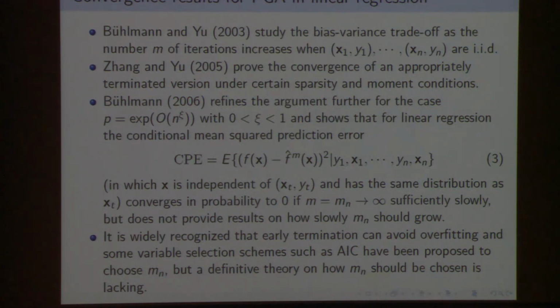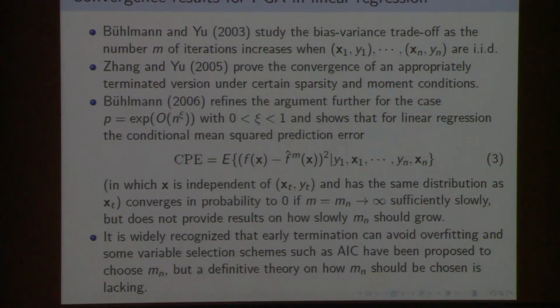Just think of linear regression, a very simple model: y_t equals alpha plus beta transpose x_t plus epsilon_t. That's the linear regression model, and that's what Buhlmann and Yu studied.